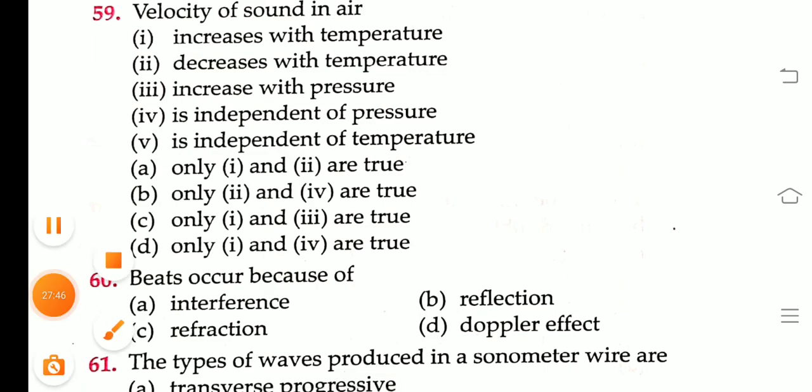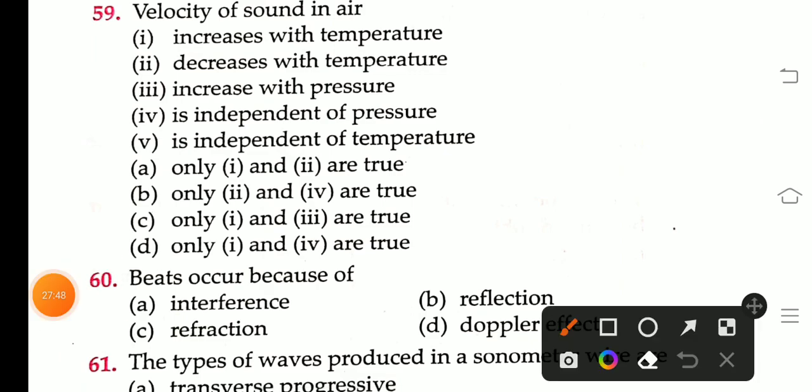Next, velocity of sound in air: increases with temperature. Right. Decreases with temperature. Wrong. Increases with pressure. Wrong.